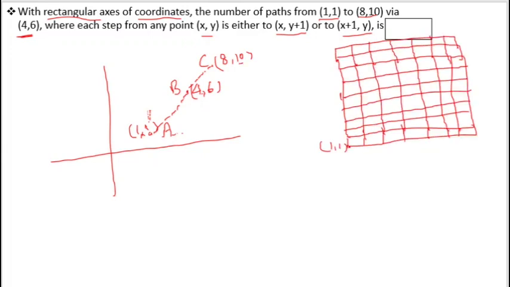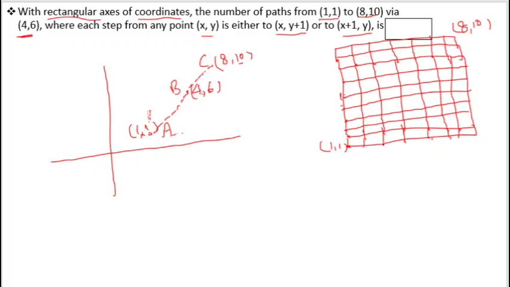So now you can see this is 1, this is 2, this is 3, this is 4, 5, 6, 7, 8, 9, 10. So in the y axis we reach 10, and in the x axis this is 1, 2, 3, 4, 5, 6, 7, and this is 8. So here is the point 8 comma 10, right? And somewhere in between here will be 4 comma 6. So where will be 4?